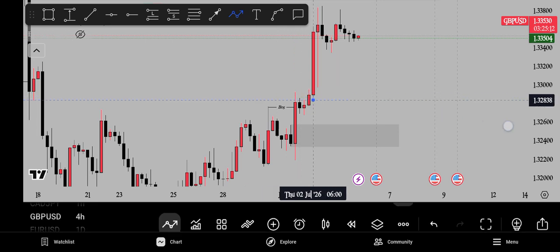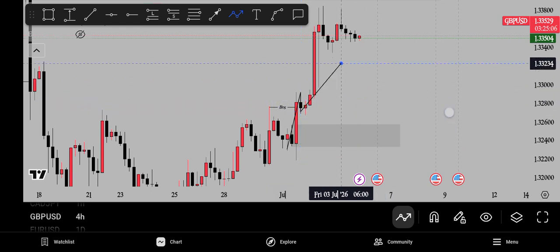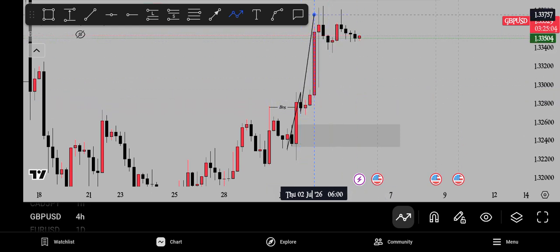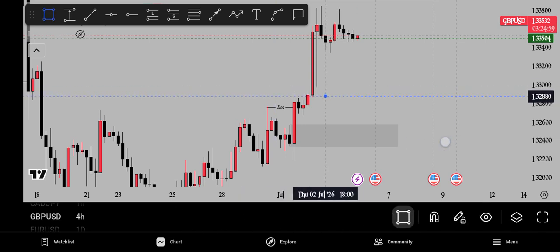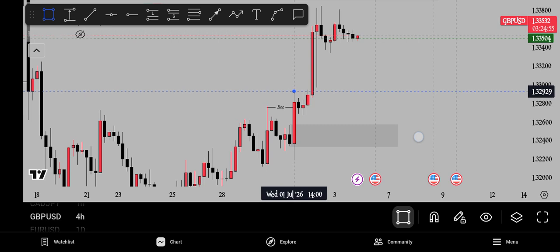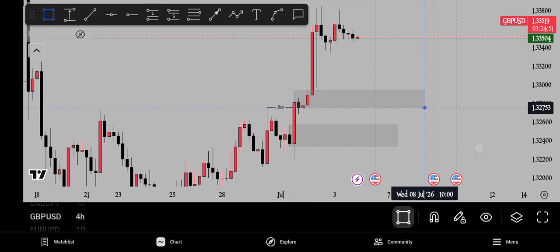We now have also this rally base rally. So there's also a demand zone here.